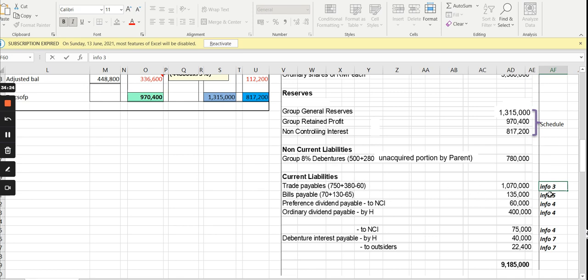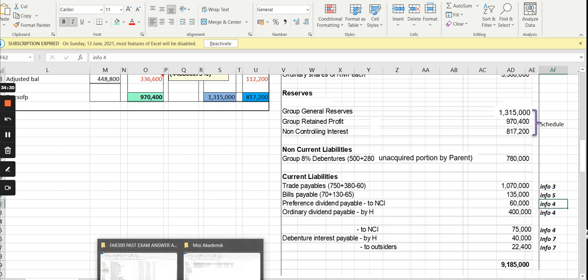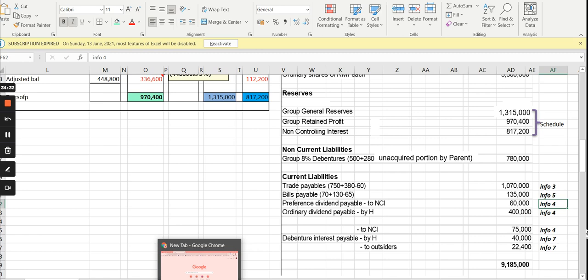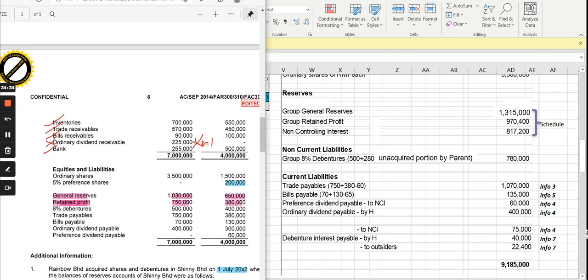Bills payable, that was information number 5 that we have already adjusted for the undiscounted balance, right? And preference dividend payable.